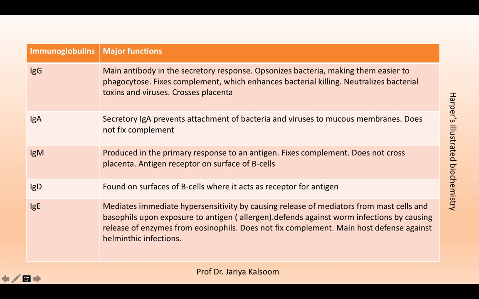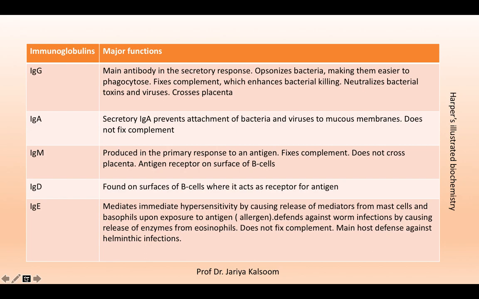So IgG is mainly a secretory antibody. It opsonizes the bacteria and fixes the complement. IgA is a secretory antibody, prevents attachment of bacteria and viruses to the mucous membranes.